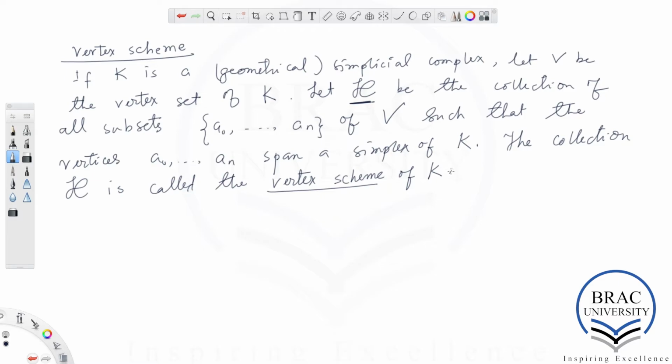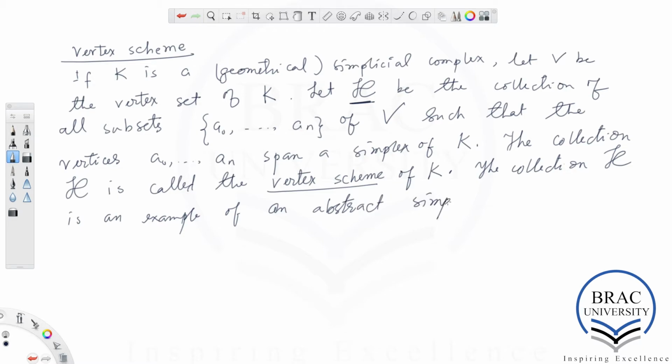Okay, the collection calligraphic K is an example of an abstract simplicial complex. So associated with the geometrical complex, we can write down an abstract simplicial complex that we are calling the vertex scheme of the given geometrical simplicial complex.